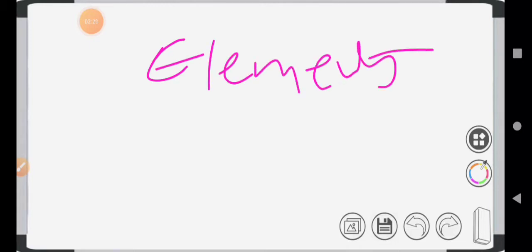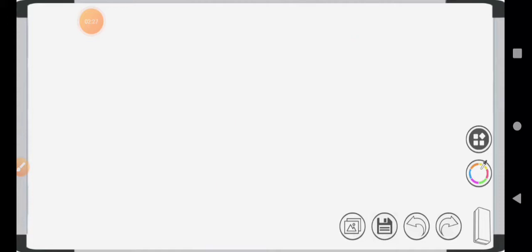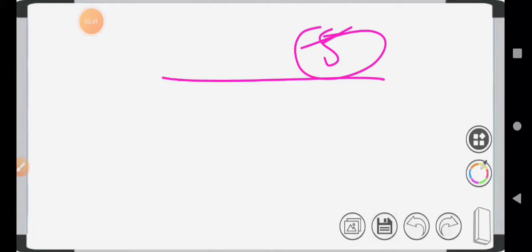We construct the sentence mainly with 5 basic elements. Whatever sentence we frame, either in spoken or written language, there are basically 5 elements in the English language.